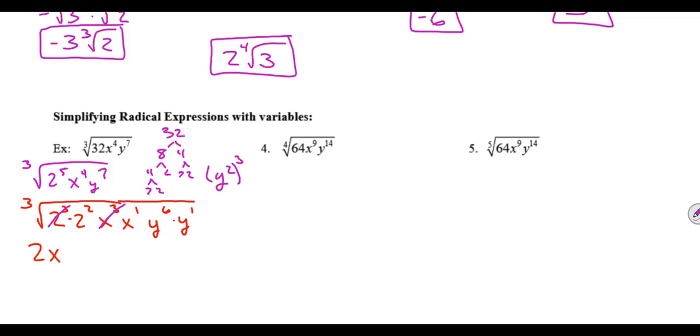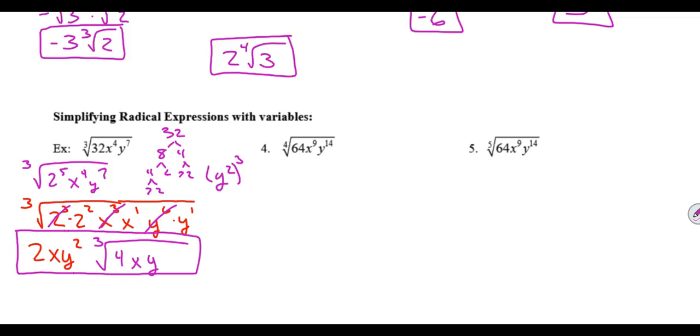Skip that one. Y to the 6th, so 6 divided by 3, as I said before, is y squared, and now that's gone, right? So I simplified those three, and now here's my radical, there's my index. What's left? 2 squared, which is 4, x, y. And there is my problem simplified.